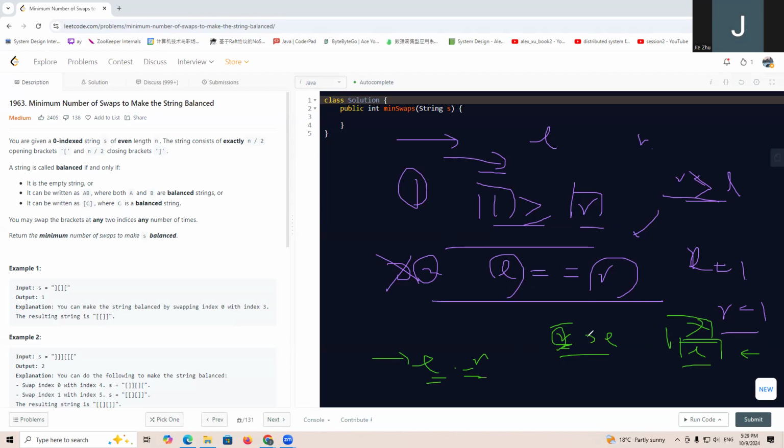We just go through from left to right, and as long as right is greater than left, we do a swap. Because we always put the right on the end, the closing brackets will always find their pairs on the left. So we don't need to worry about it being on the end, which would be unbalanced.